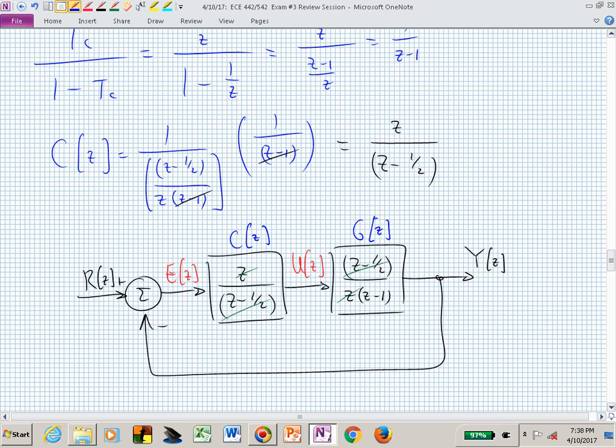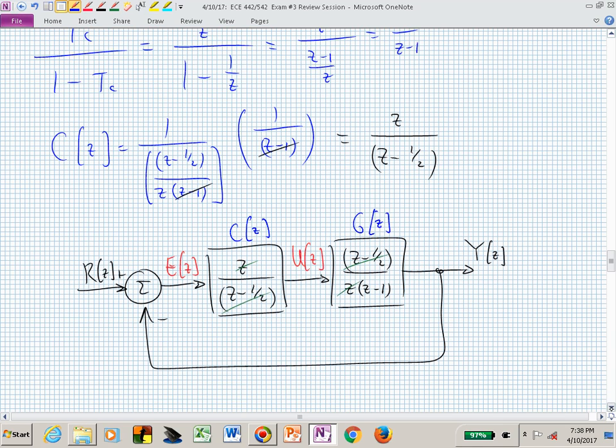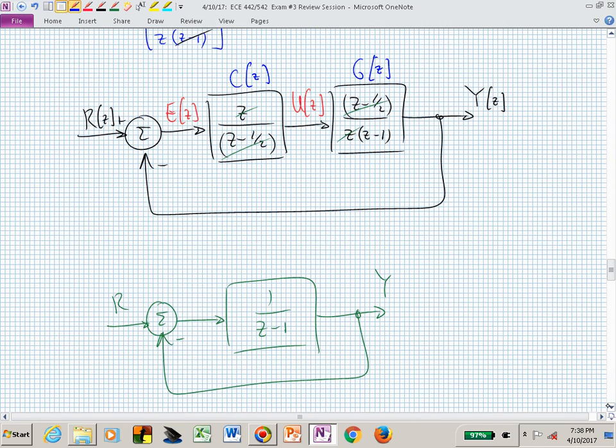It's trying to invert that G of Z, but we force it not to cancel poles and zeros outside the unit circle. That's restrictions 2 and 3. But now we end up with the Z's canceling and the Z minus 1/2 canceling, such that if we make all of those cancellations, we have this simplified block diagram.